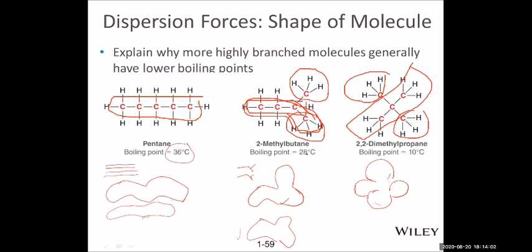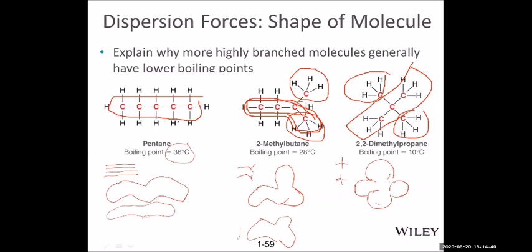You have a lower boiling point. And the last one, because the molecule is so difficult to closely pack, it makes the boiling point the lowest, because of the lowest dispersion force. So that is how the shape of the molecules affects the packing, and consequently the dispersion force attracting them to each other.